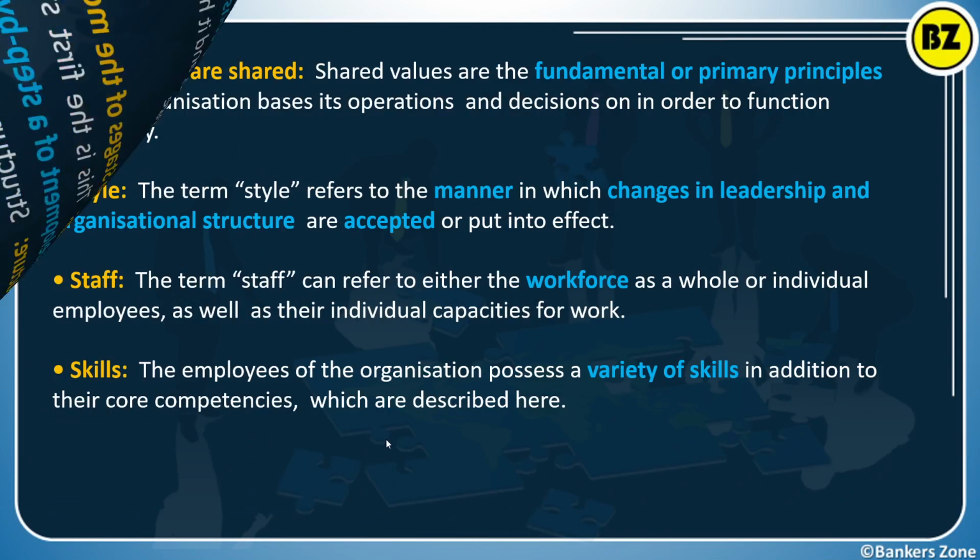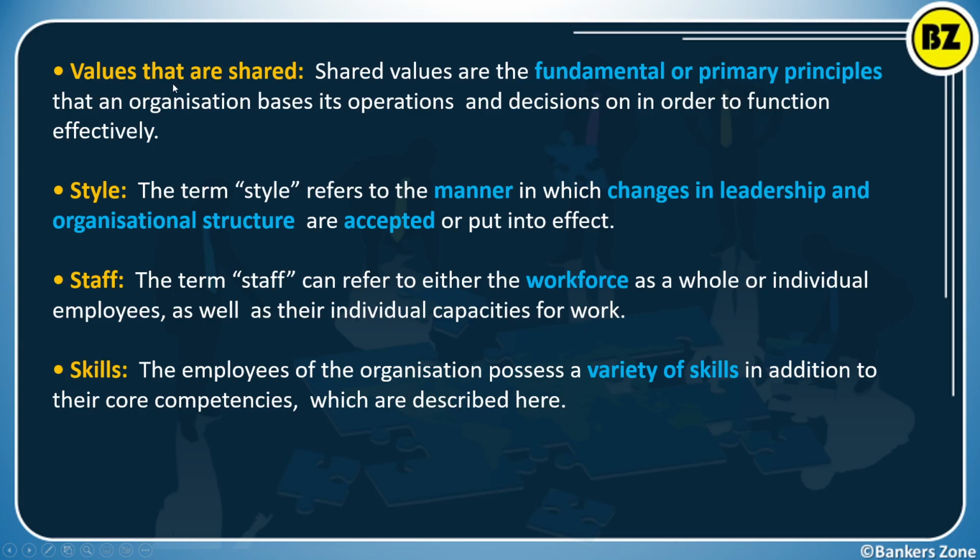Next we have to discuss the values that are shared. So what does shared value mean? These are the fundamental or primary principles on which the organization bases its operations, right? Basically shared value means the principles of the organization, right?